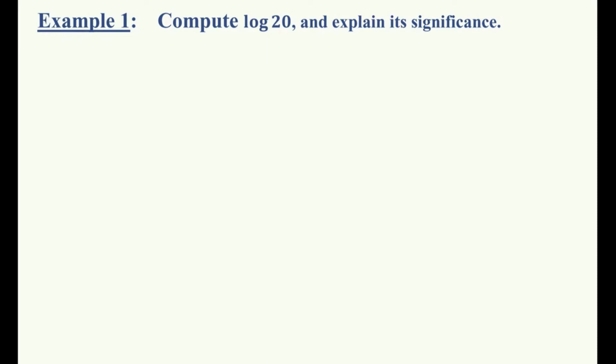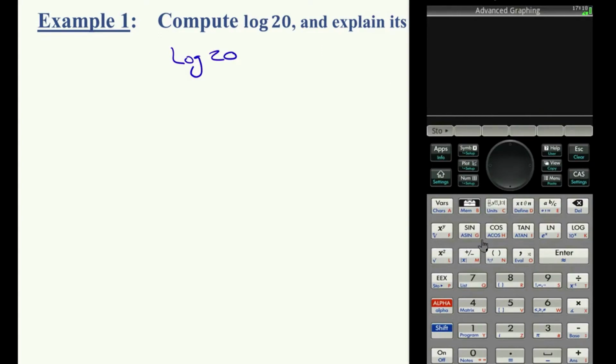So basically, we just go ahead and write it in this way, and if we calculate it on just a regular scientific calculator, because as you know, the power of 10 that gives you 20 is not going to be a nice simple power, so we'll need a calculator for that. All right, so here we will just go ahead and push the log button and type 20 and hit enter.